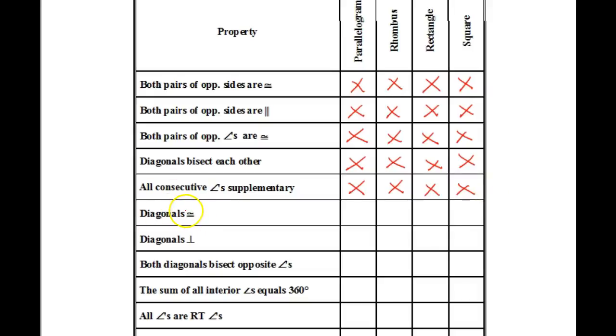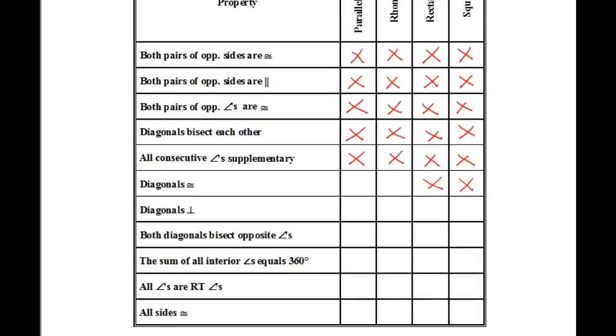Which shape is special and has congruent diagonals? The rectangle, which means it's also true for the square. Which shape has perpendicular diagonals? The rhombus, which means also the square. Which shape has both diagonals bisecting opposite angles? That was the rhombus, so it's also the square.